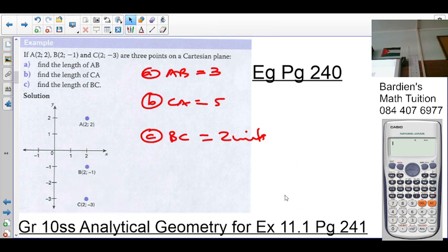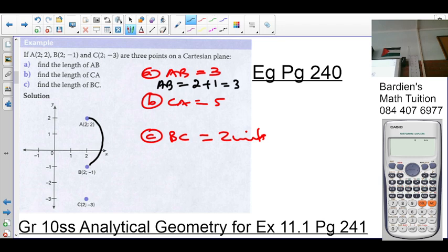So what we've noticed, or the rule that we can pick up here, is for the length of AB, it's simply the top one, which is 2 minus -1, becomes +1, which is 3. For CA, it's going to be the larger one, which is 2 minus -3. As you can see, the y value there is -3.